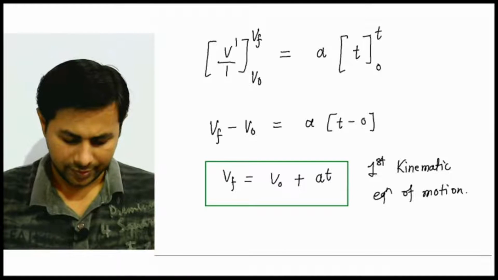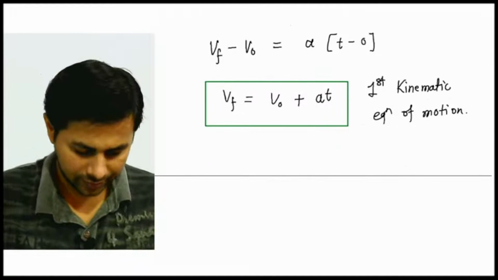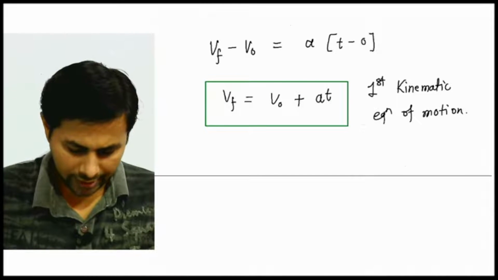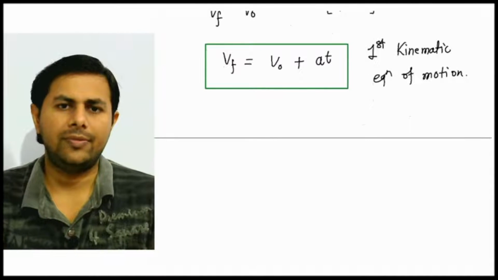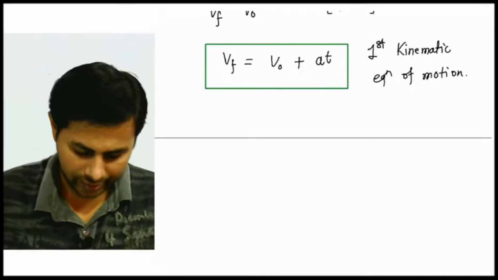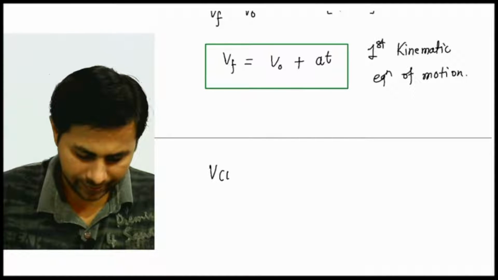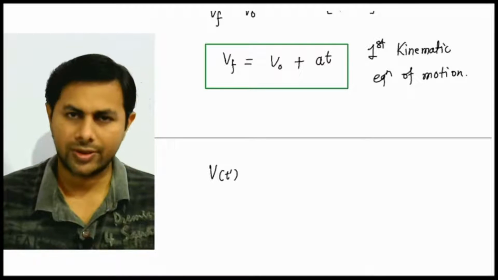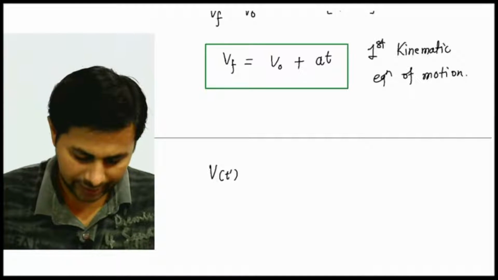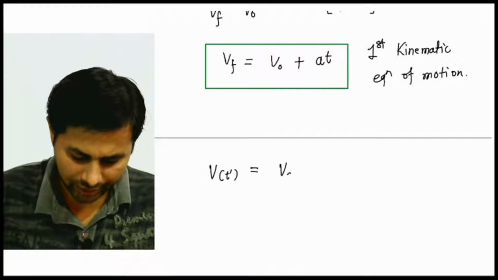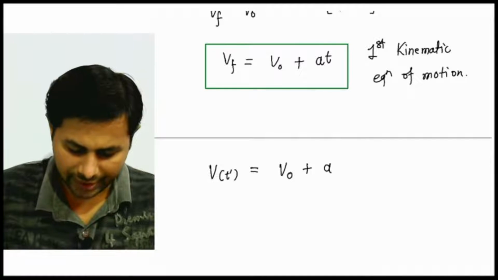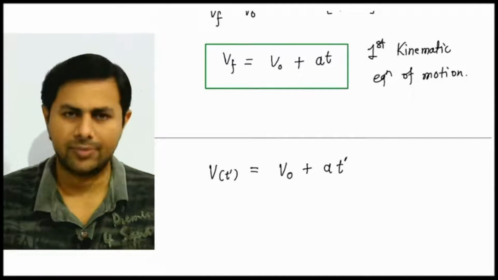All right. Now let's consider some time t prime. Okay. So I can say at time t prime, velocity is v at t prime, and that will be equal to v naught plus a times the time is t prime.